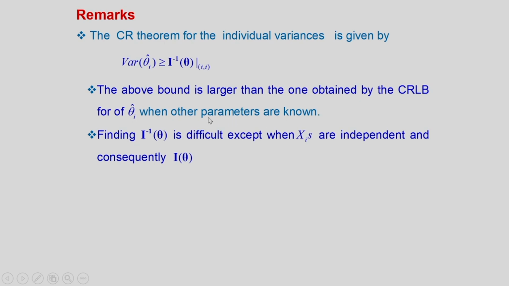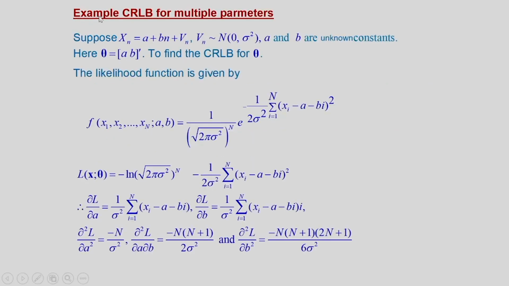We will illustrate this concept. Finding I inverse of theta is difficult except when the xi's are independent. In that case, I(theta) is a diagonal matrix, so finding I inverse of theta is easier. We will consider an example of CRLB for multiple parameters.